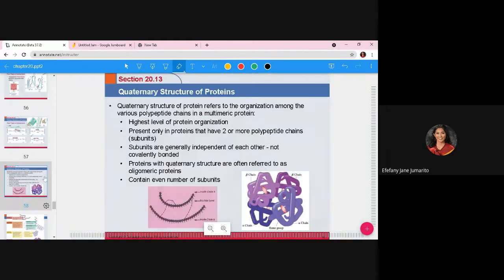Okay, so we have this one, the quaternary. It's the highest level of protein organization. Now, the structure there, class. Anong mag-change ang structure sa protein? Ngano mo na primary, secondary, tertiary, and the quaternary?